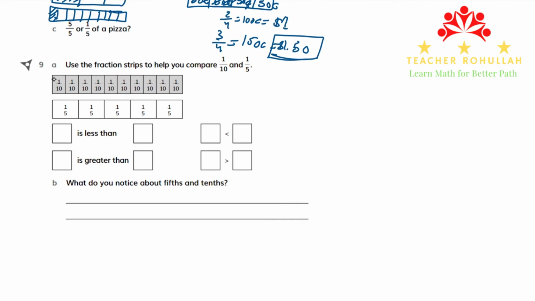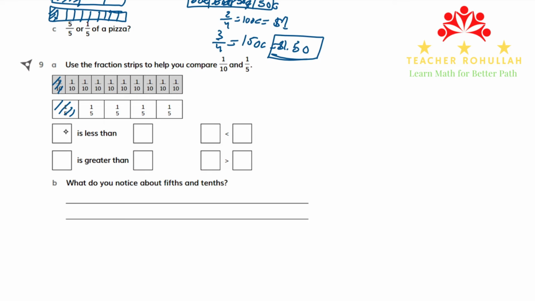In question 9, we have two parts, part A and B. Part A says, use the fraction strips to help you compare 1/10 and 1/5. So we have two same-sized strips. One is cut into 10 equal parts, and the other one is cut into 5 equal parts. Now here, this is 1/10 and this is 1/5. If we just look physically, we can see that 1/5 is larger than 1/10.